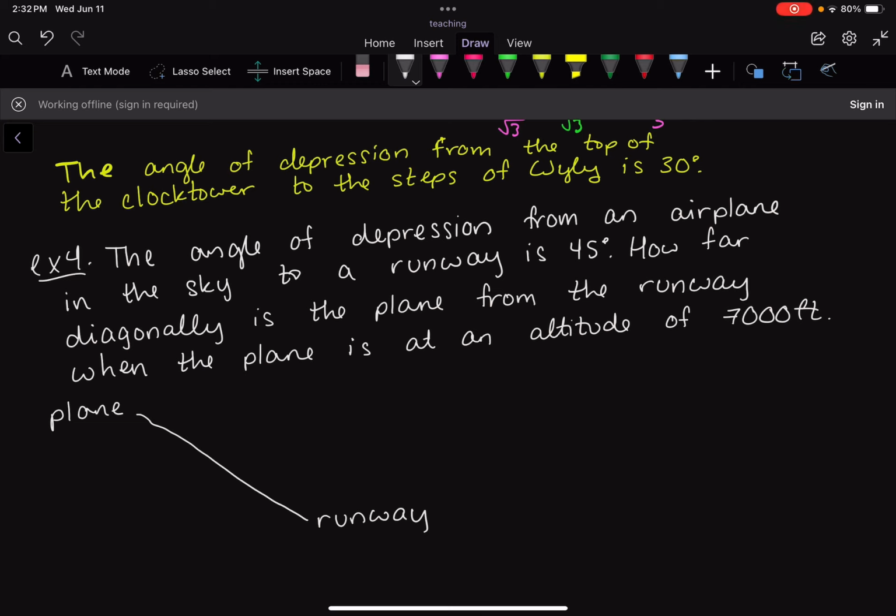And it says the angle of depression from the airplane to the runway. So this one I think is actually a little easier to notice where it should go. So you imagine, the plane is flying straight, and then it's going to have to start going downwards to land. So that's the 45 degrees. That's the angle of depression.